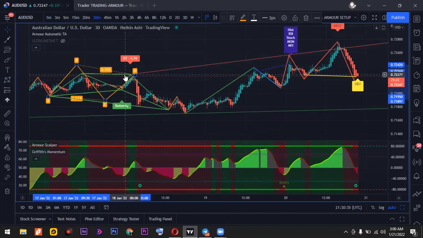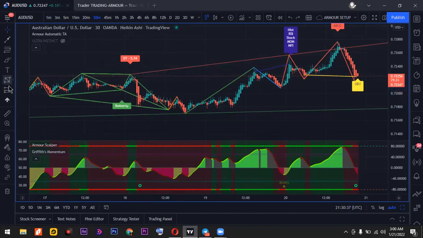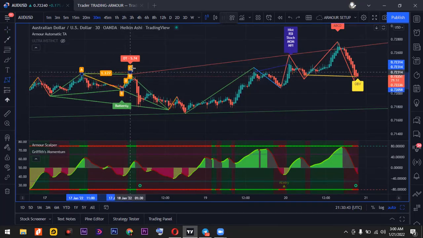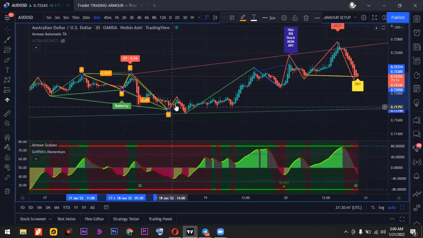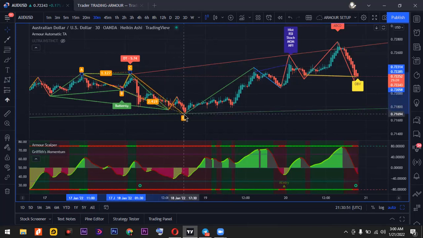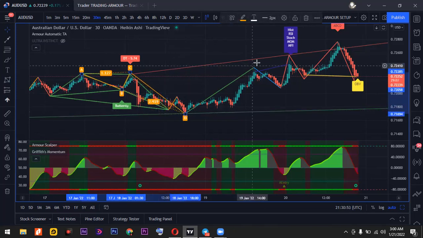Hold on, I just messed it up. Yeah, here. A, B, C. So this is a C wave. And from the D wave, we can long. See, look how many pips we can make after we long from the D wave.